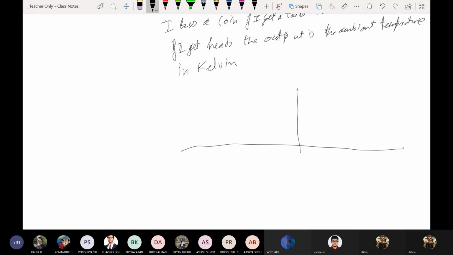So the ambient temperature can be a random variable, and it is a continuous random variable actually. So I'll get a peak here. With probability half, it will be 0, and then there will be a distribution here whose area will again be half. So this is an example of a mixed distribution. So this is the PDF. This thing can have a CDF as well.